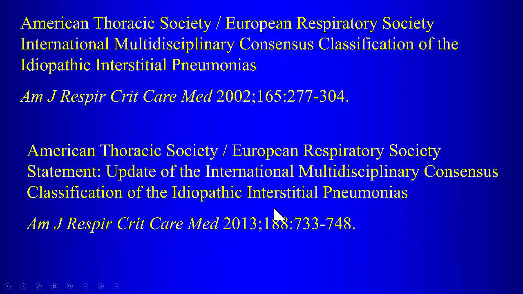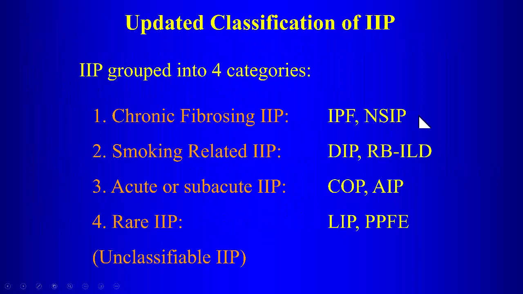Okay? Now, the most recent update of this goes way back to 2013, this consensus statement by the American Thoracic Society and the European Respiratory Society, an official update and classification of the idiopathic interstitial pneumonias. So this we do have to be familiar with. We do have to know that the idiopathic interstitial pneumonias are grouped into 4 categories.